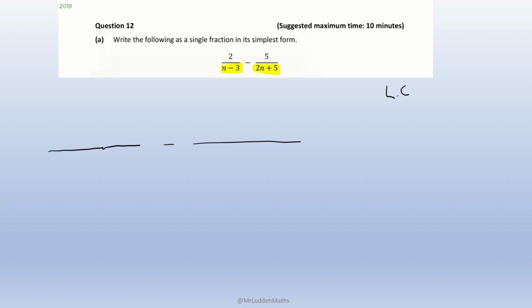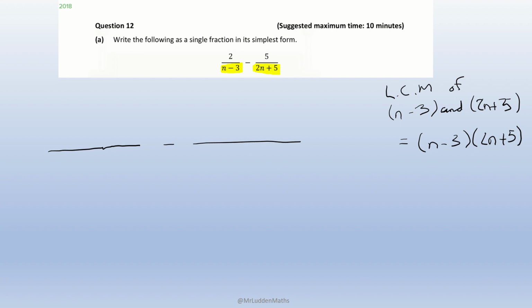Your LCM of n minus 3 and 2n plus 5. Your lowest common multiple of those is actually going to be the two of those multiplied by each other, for the simple reason that you don't know what n is at the moment.